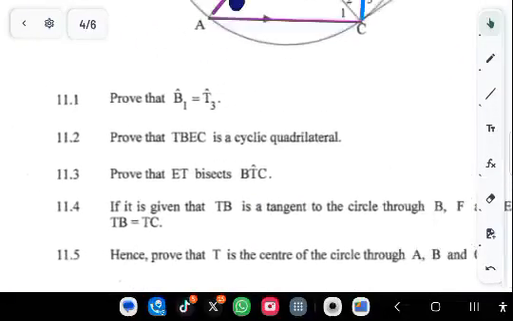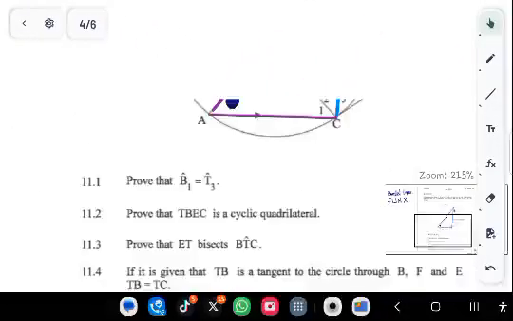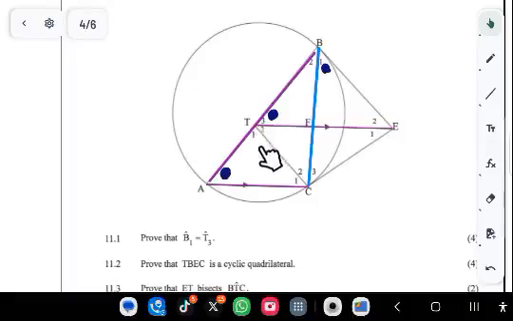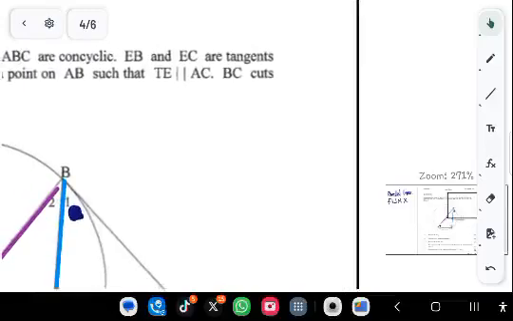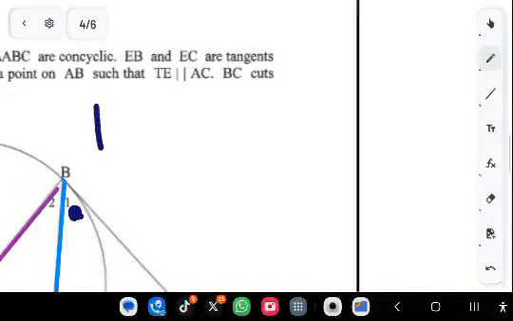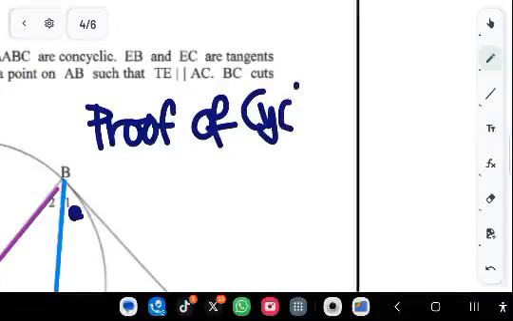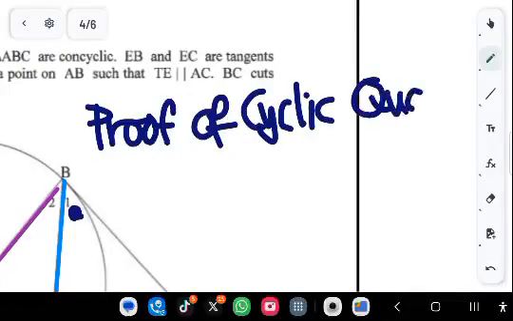Number 11.2, prove that TBEC is a cyclic quadrilateral. Now here are three ways you can prove a cyclic quadrilateral.